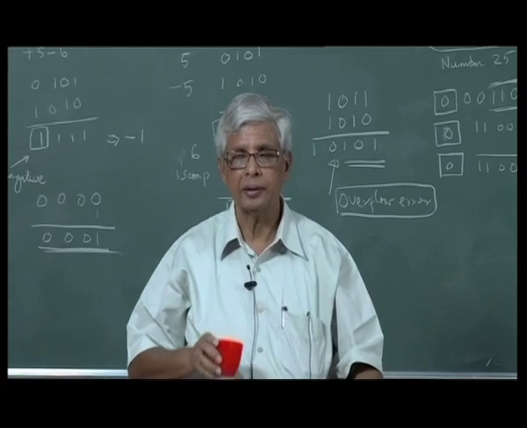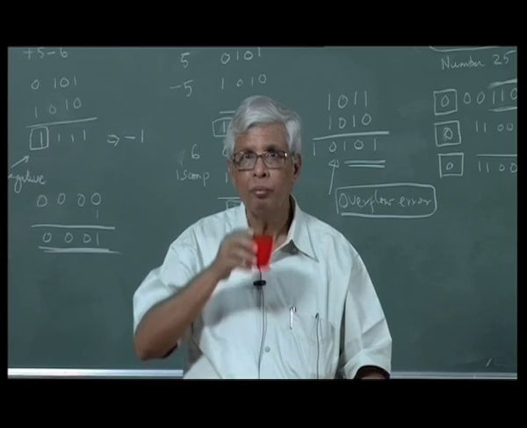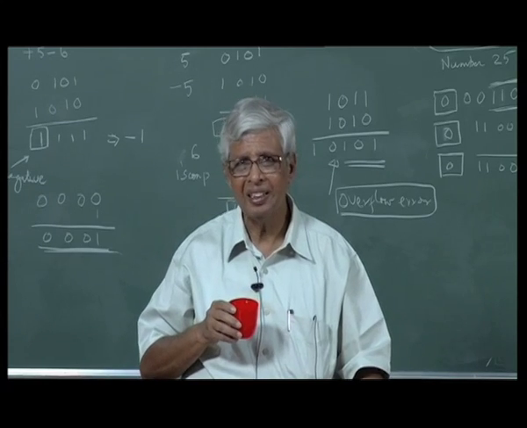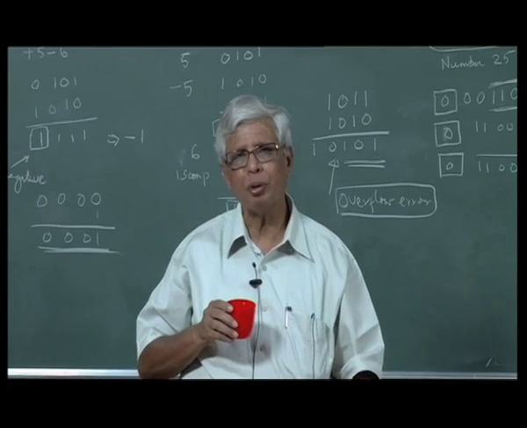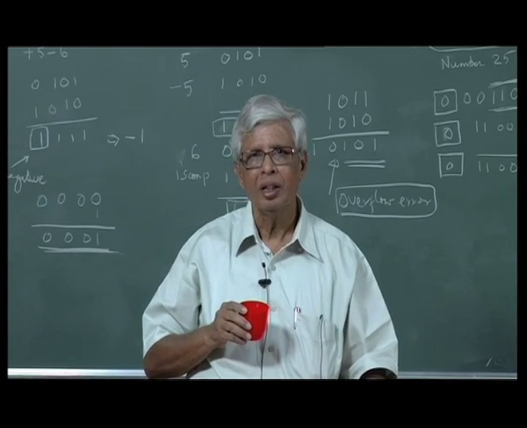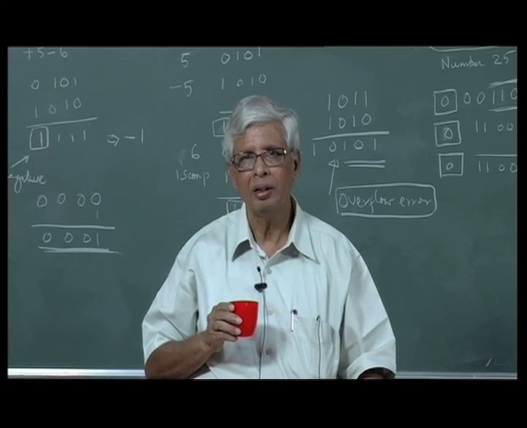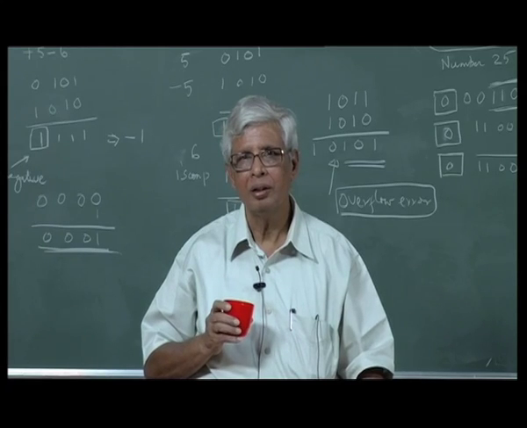Sir, can we do a problem on subtraction using 1's complement? No problem. You know how to. Subtraction, same procedure. Sir, we actually did the 2's complement method, but if it comes in 1's complement and we have an overflow error, what do we do in that case?